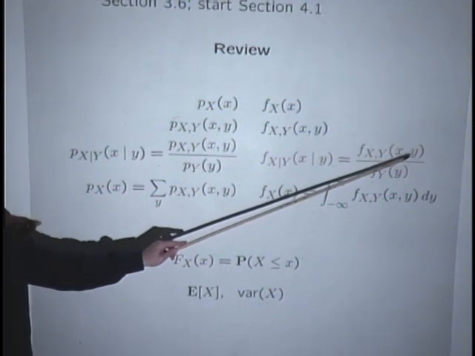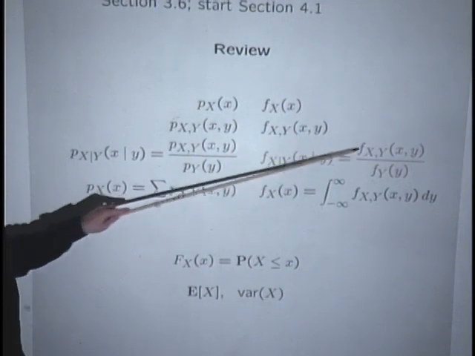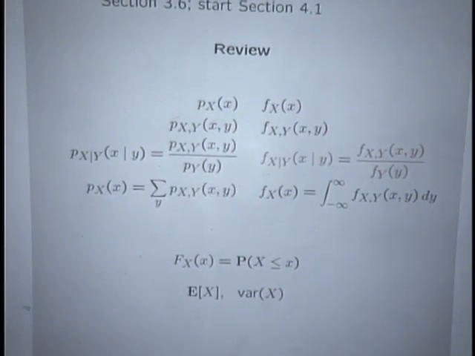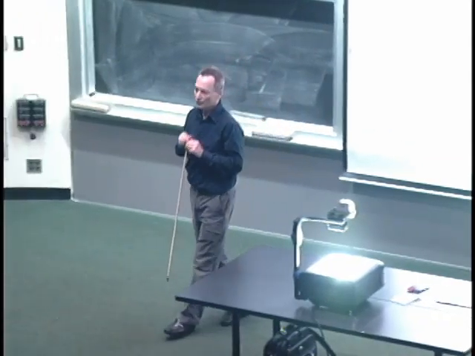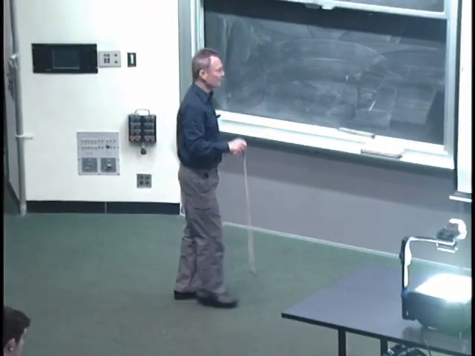So it's really a function of one argument, just the argument X, and it has the same shape as the joint density when you take a slice of it. So conditional PDFs are just slices of joint PDFs.